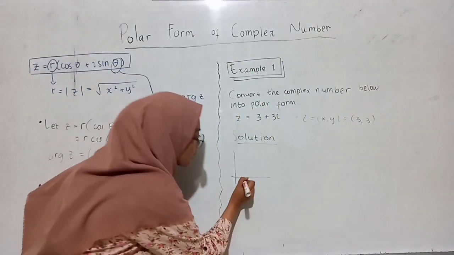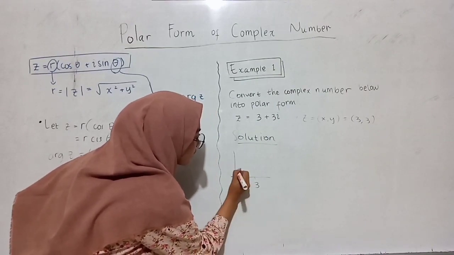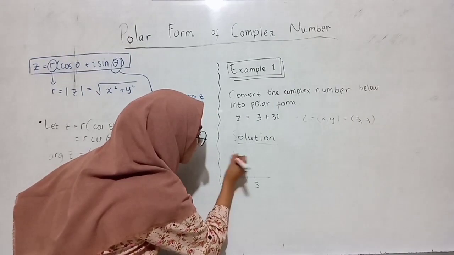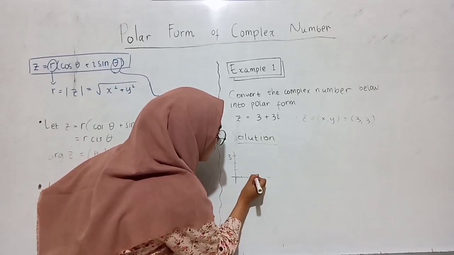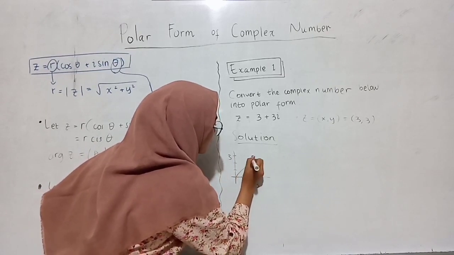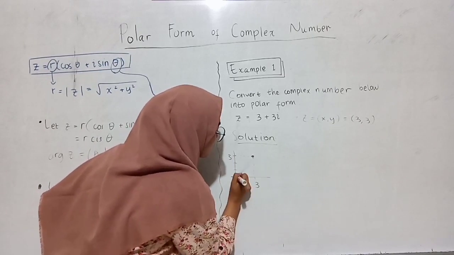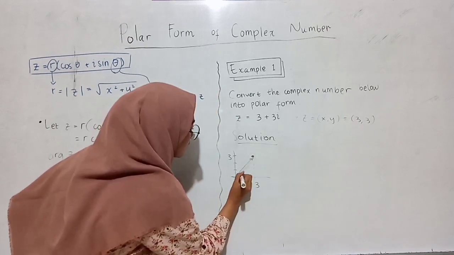So we make the vector, and this is r, and this is theta.